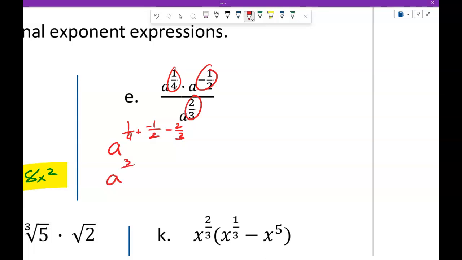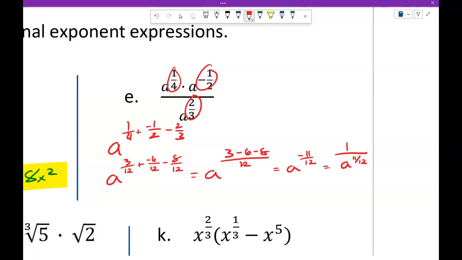So we have 3/12 plus negative 6/12 minus 8/12. So 3 minus 6 minus 8 over 12, which gives us negative 11 over 12. So the last thing we need to do is apply our negative exponent rule, 1 over a to the 11/12.